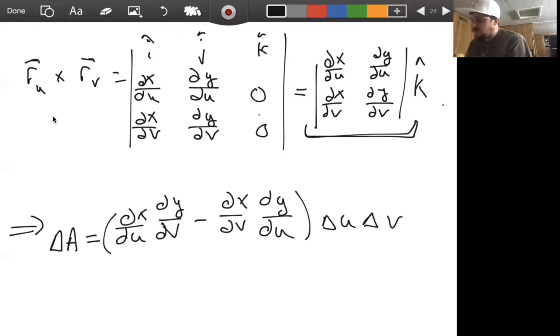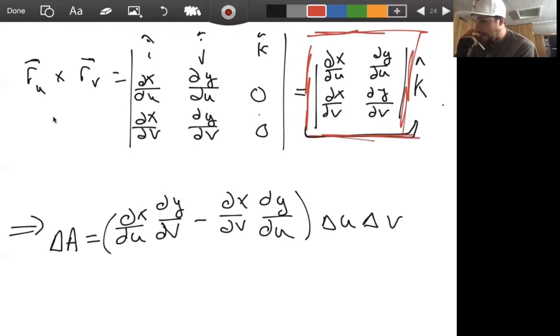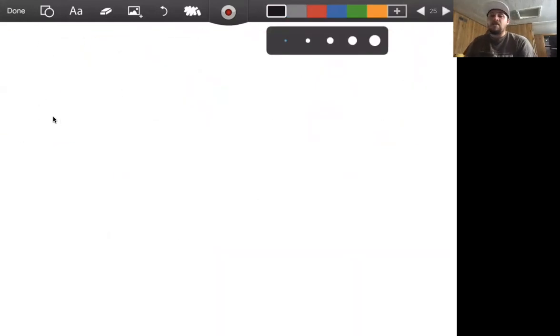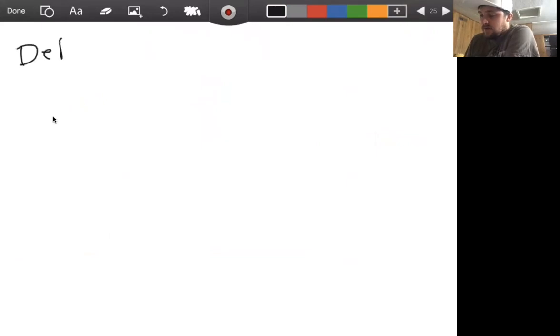And now this value here, this determinant, or this value in its expanded form, is a very, very important concept in a lot of mathematics, especially analysis and calculus.